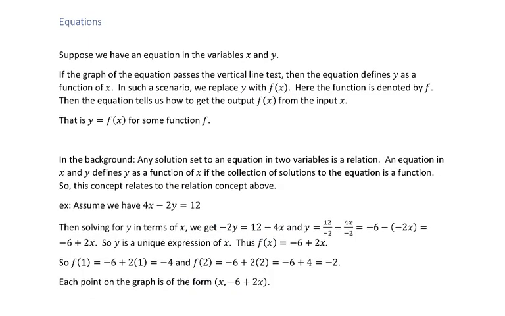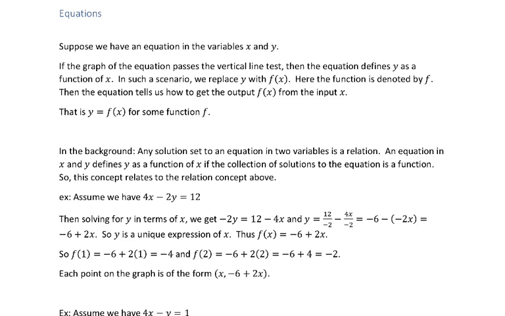Okay, now we can actually define a function using equations. In other words, we can define a function if we have an equation in the variables x and y. Essentially, the best way is to sketch the graph of the equation and just see, does that graph pass the vertical line test?